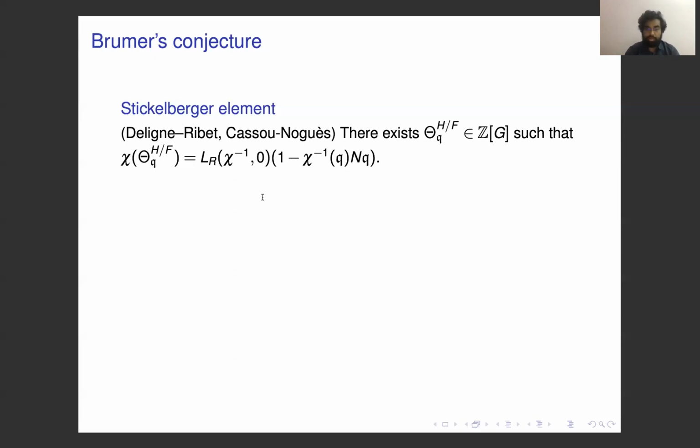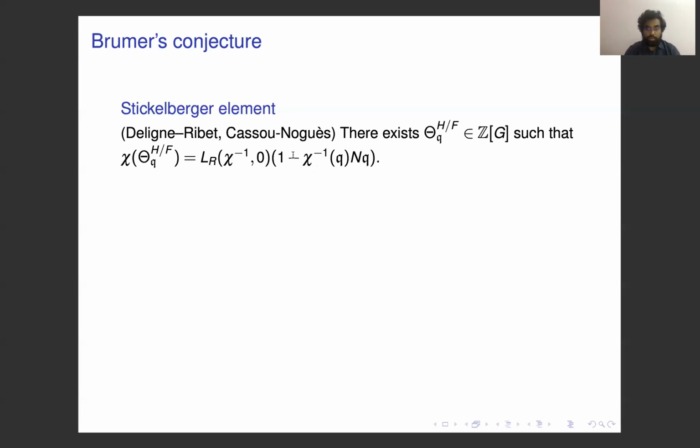And what's the precise description of this theta? If you apply a character chi to this theta, so you evaluate this theta at a character chi, it spits out an L-value. So L of chi inverse at 0, and this subscript R means I remove the Euler factors at primes in R. Okay, so in particular, there are no Archimedean factors here.